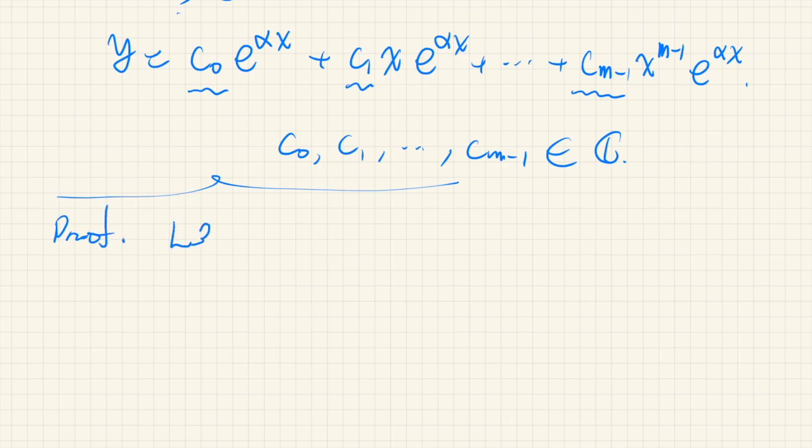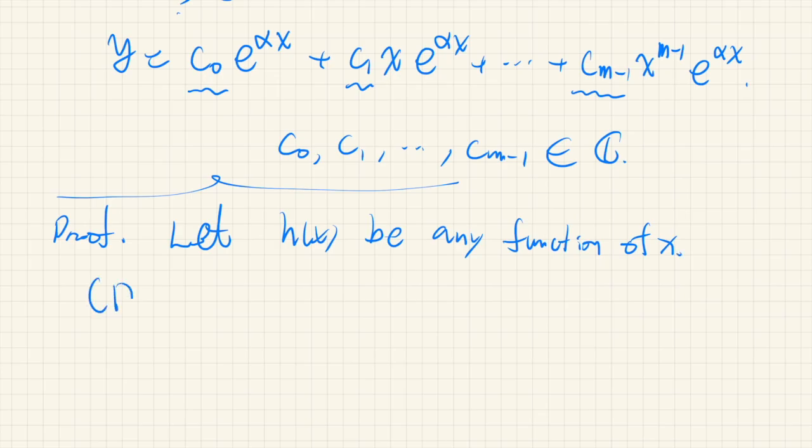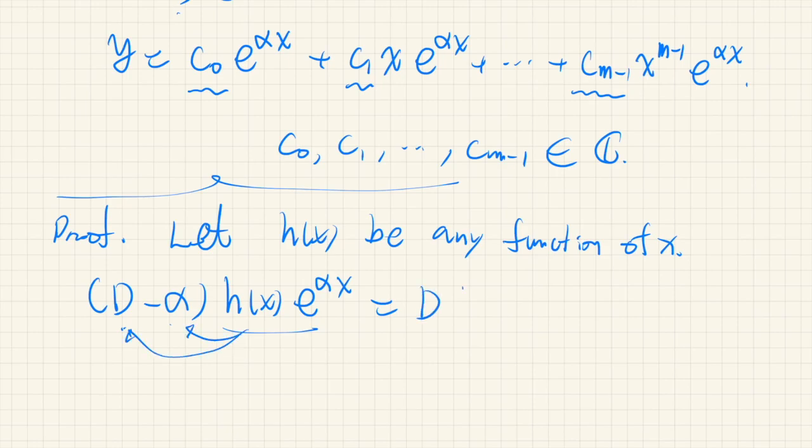First of all, let h(x) be any differentiable function of x. Then apply this differential operator, D minus alpha, with alpha constant, to h(x) e^(alpha x). So we just distribute: we have this h(x) alpha e^(alpha x) minus alpha, and this is just multiplication of a constant.